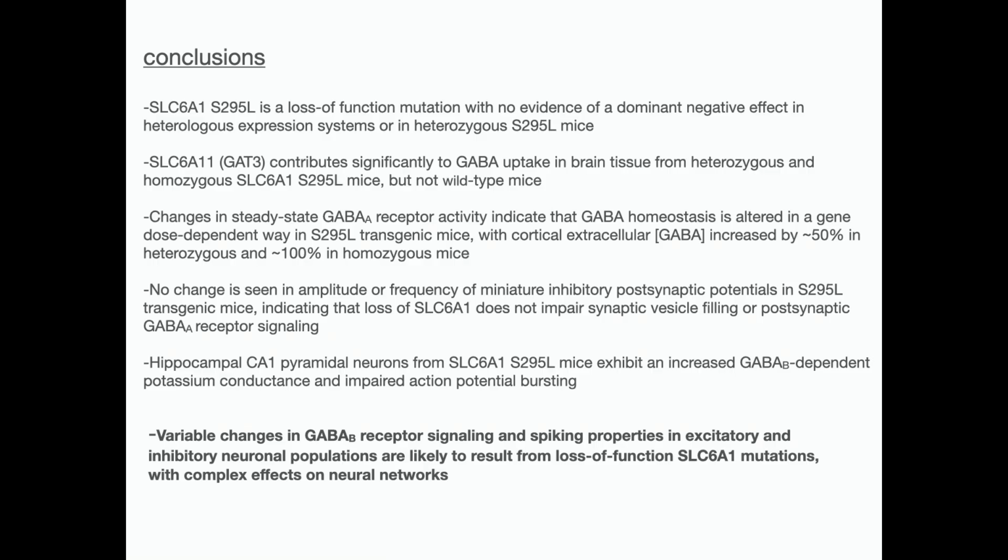So the conclusions, I will just skip through. I think I've pretty much gone through everything. I wanted to just focus on the bottom point, which I just mentioned, that these variable changes in GABA B receptors, these high-affinity GABA receptors, may turn out to be an important thing to consider in the disease.